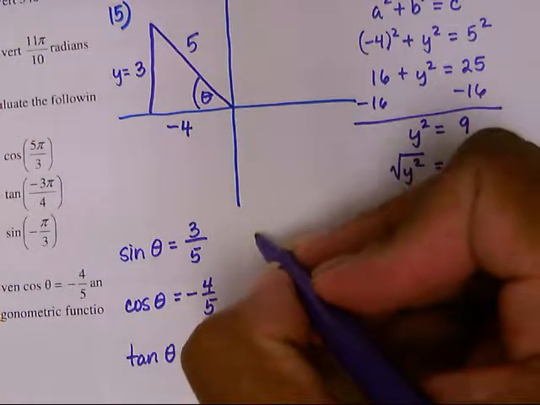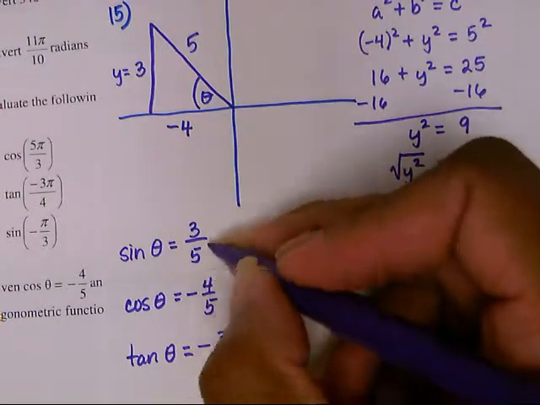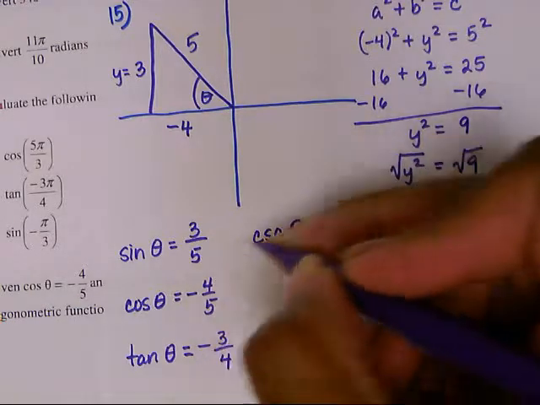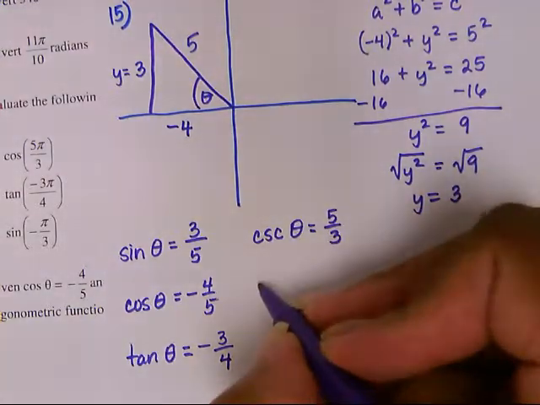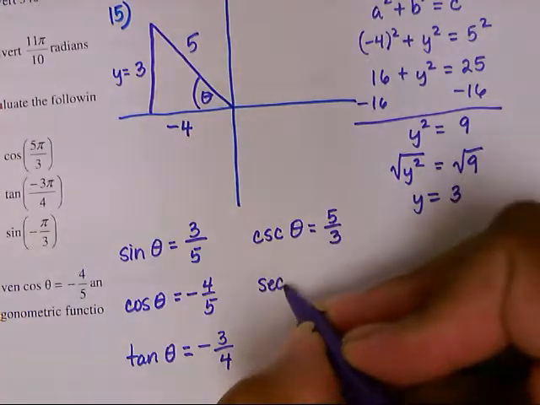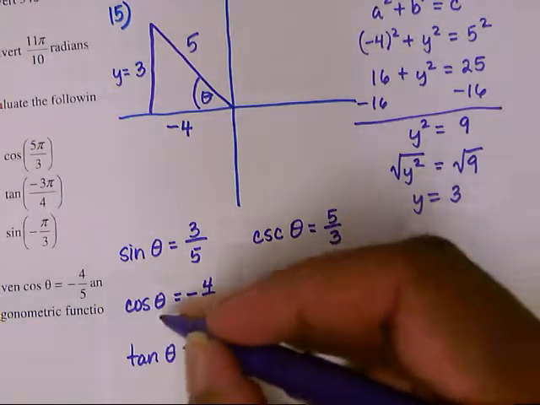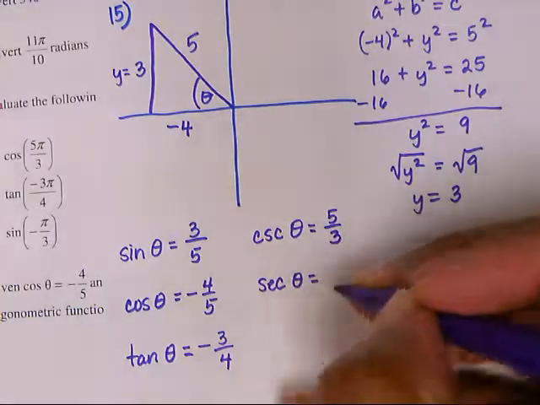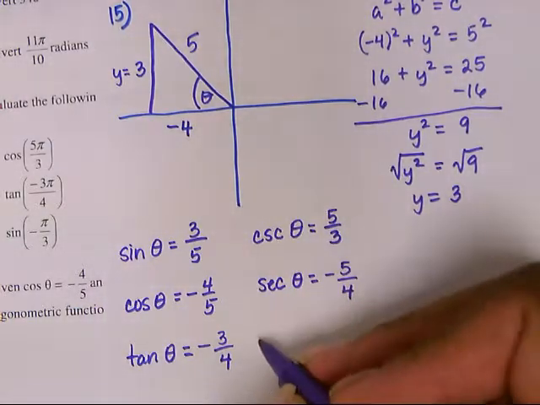And of course, the cosecant of theta is the reciprocal of the sine of theta. So here, the cosecant would be 5/3. The secant is the reciprocal of the cosine. So, if the cosine of theta is negative 4/5, then secant of theta would be negative 5 over 4.